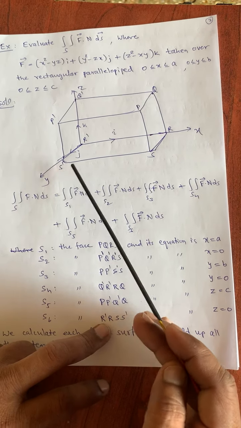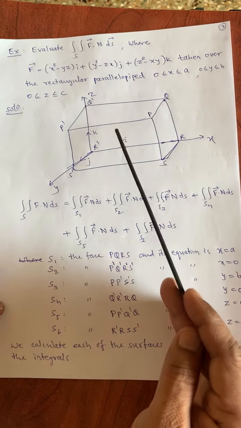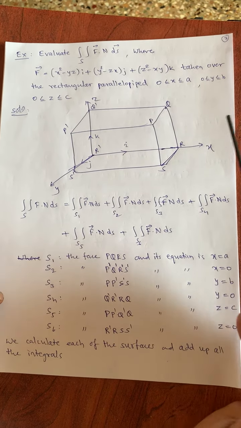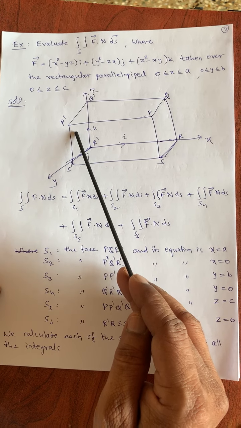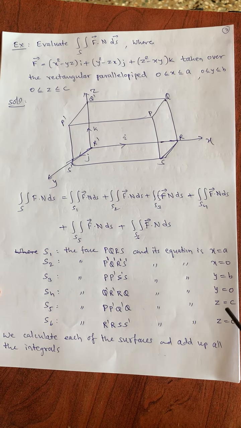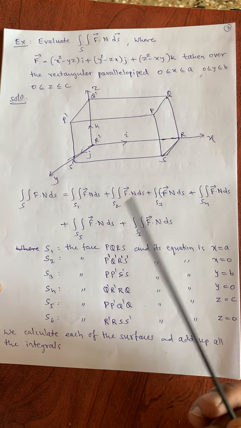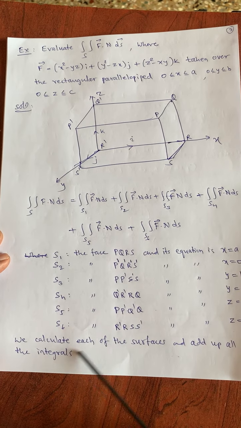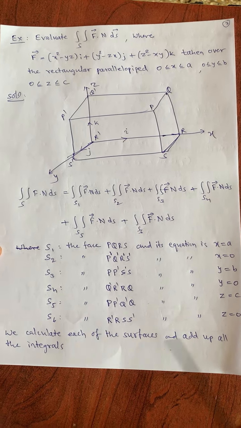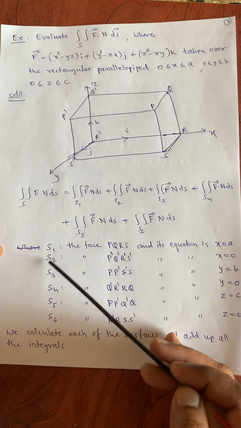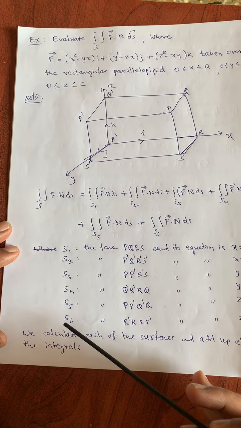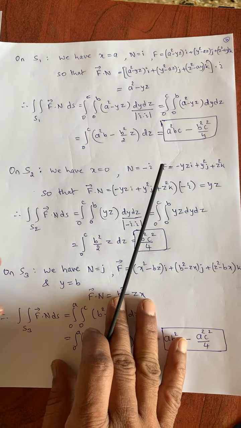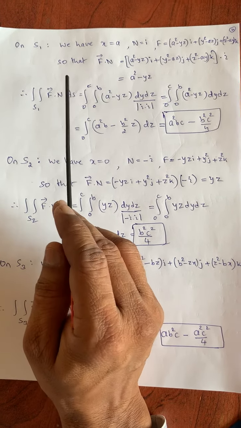So these are the 6 faces, and the equations of all these 6 faces are x = a, x = 0, y = b, y = 0, z = c, z = 0. We calculate each of the surface integrals S1, S2, S3, S4, S5, S6 and add up all the integrals. Listen carefully, as this is the calculation of surface integrals.